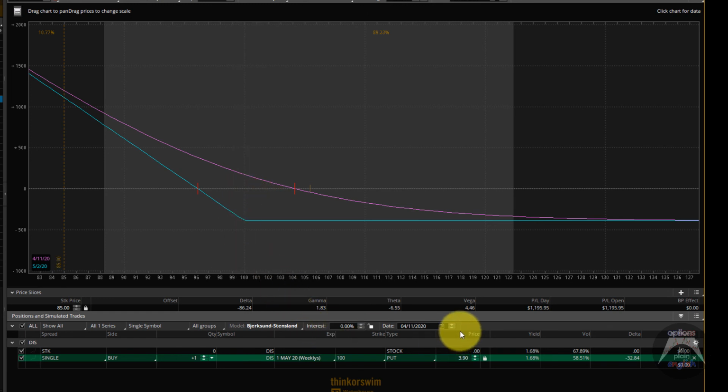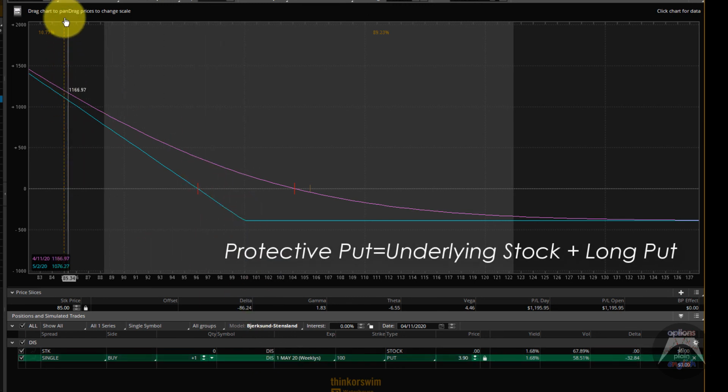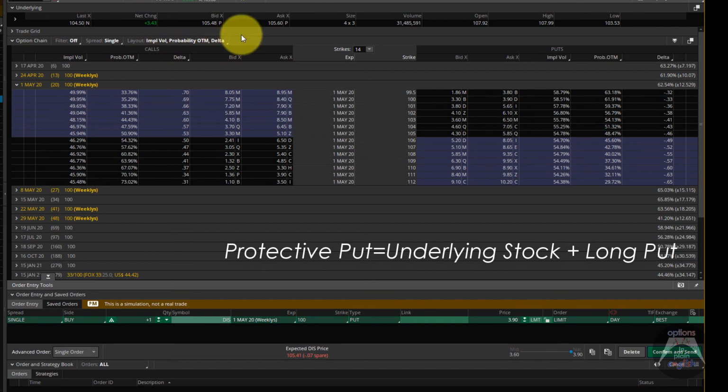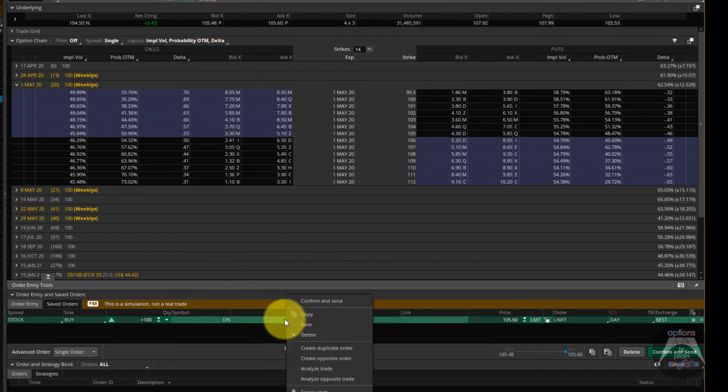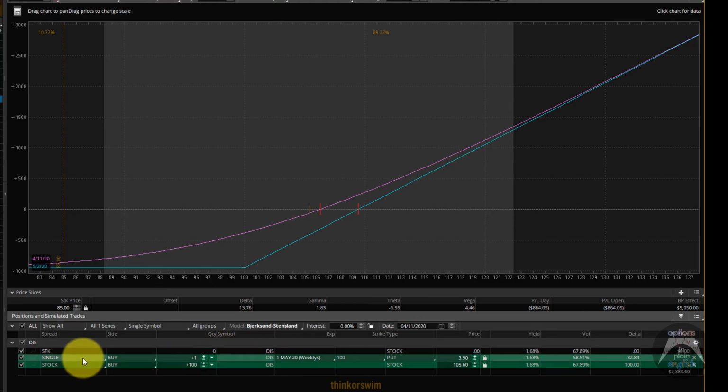Now, also, what will happen if we use, as we did before, the put option as a protection? We were talking about a protective put. So in this case, I'm going to simulate the purchase of 100 shares so that you can see what this strategy looks like.